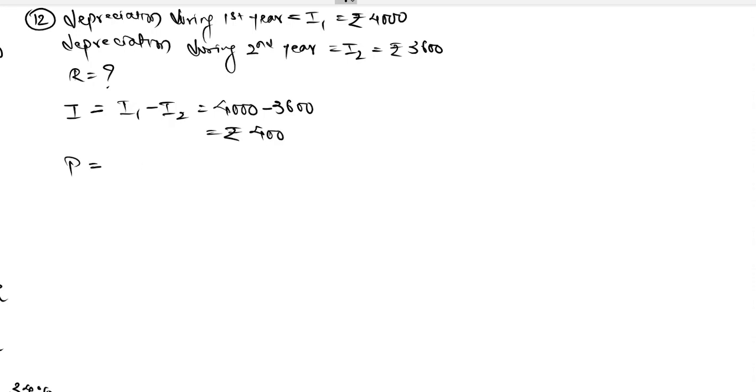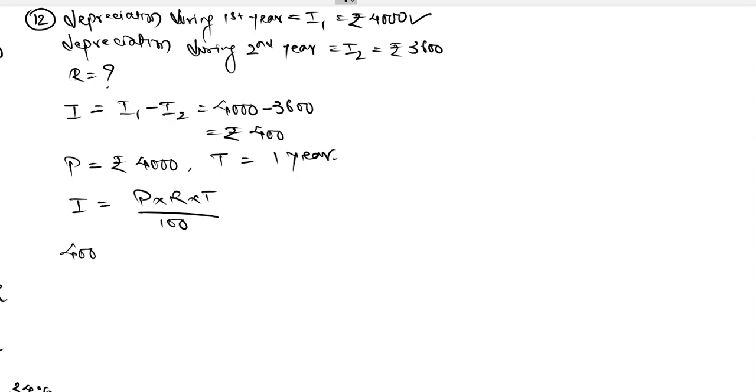So let's take the principal as the previous year's depreciation, not the lower amount, that is rupees 4,000, and time as 1 year, since these are depreciations of 2 consecutive years. So I is equal to PRT upon 100, which is 400 is equal to 4000 into R into 1 upon 100.